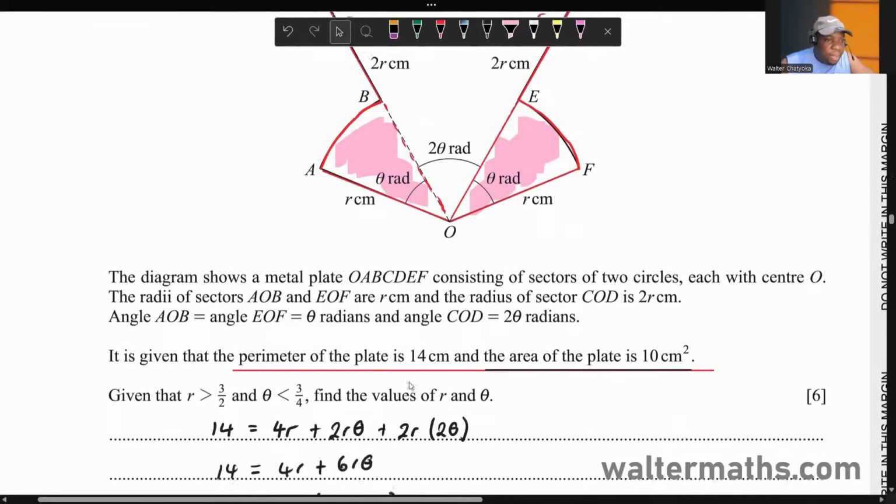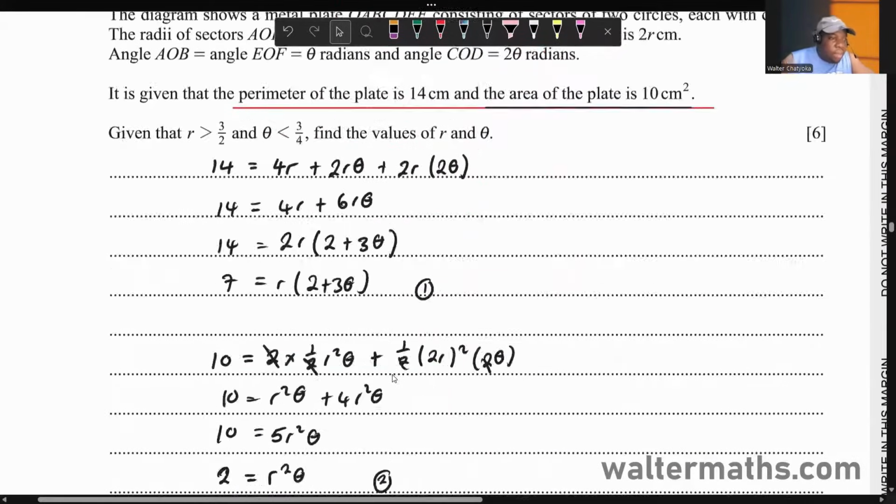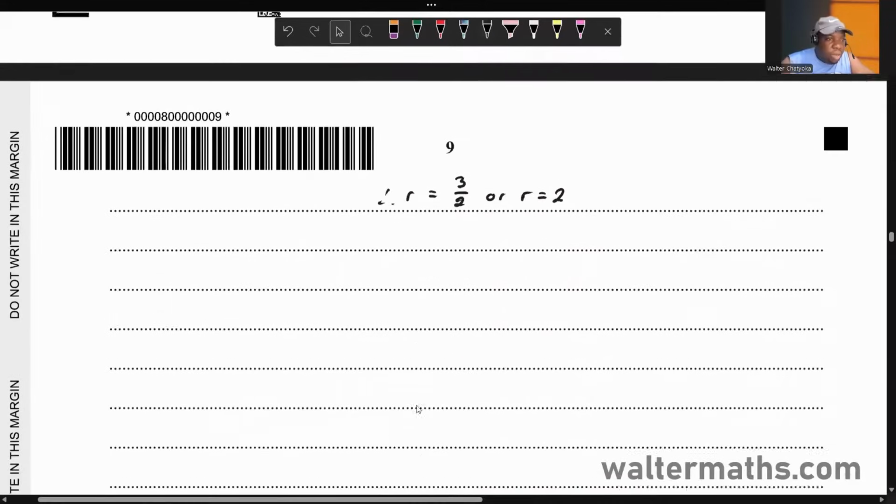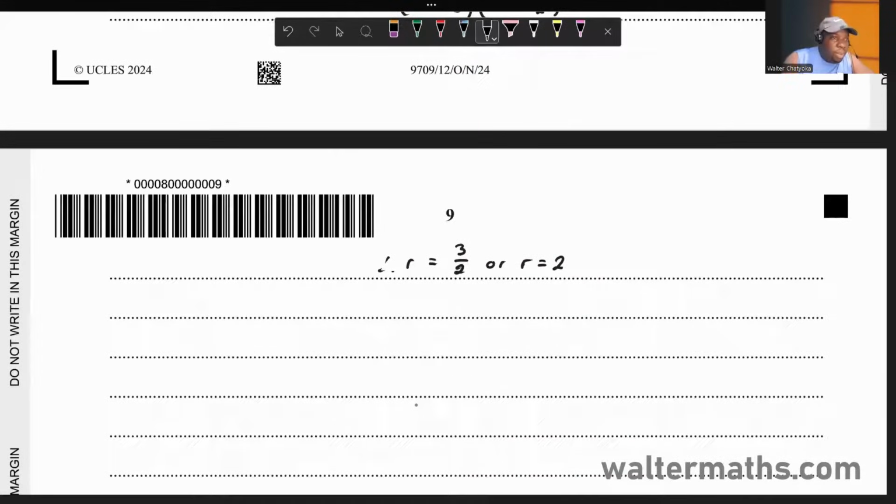However, from the information given, we are told that r has to be greater than 3 over 2. And one of the values we got is 3 over 2, so we're going to reject this. The one we're going to use is r is 2.